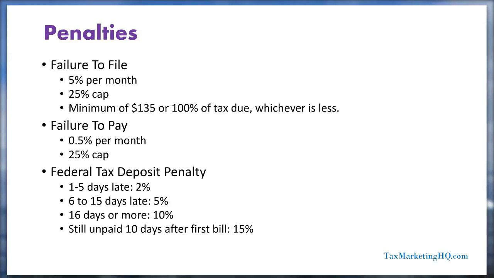So by the time several years have gone by, it is possible for 45, 46% of a taxpayer's liability to simply be penalties and interest, which is why a lot of the things that we're going to be talking about through the course of this webinar, you'll see that they have some time considerations to them.